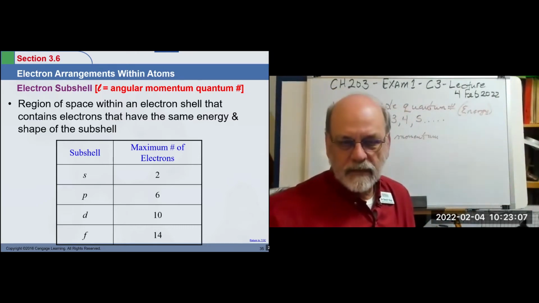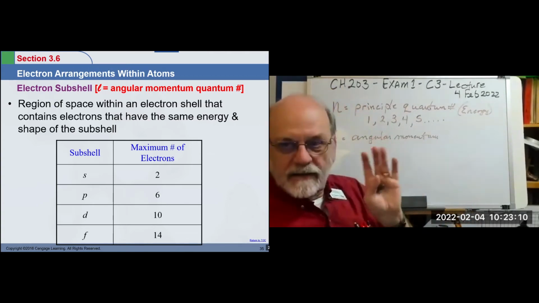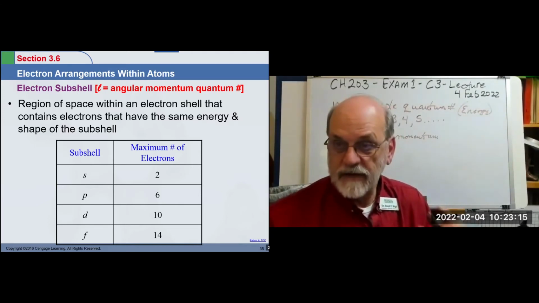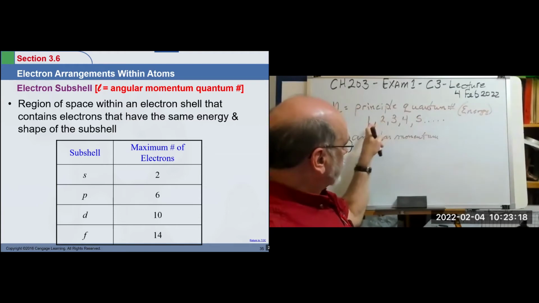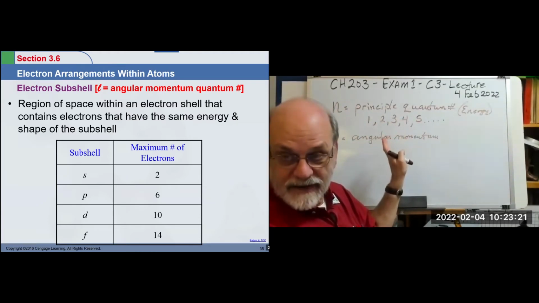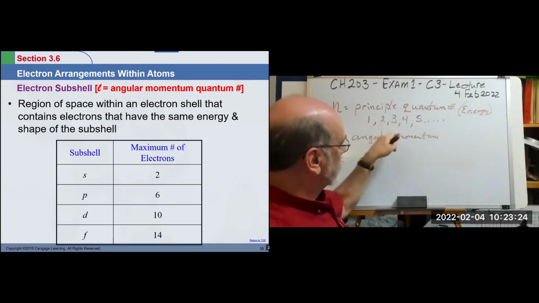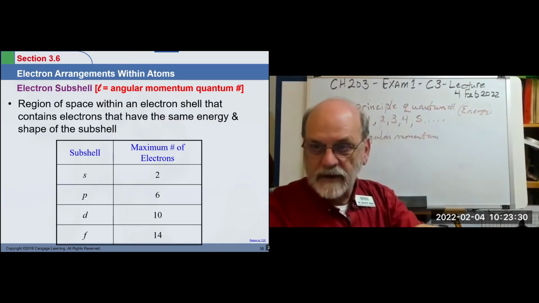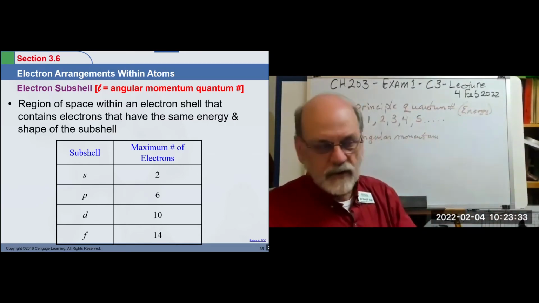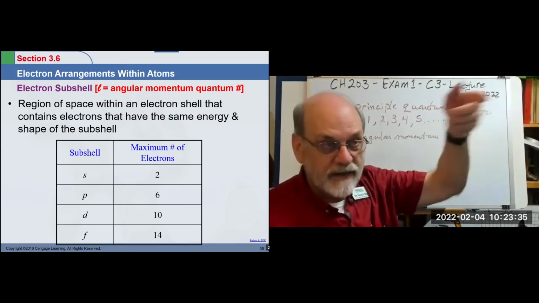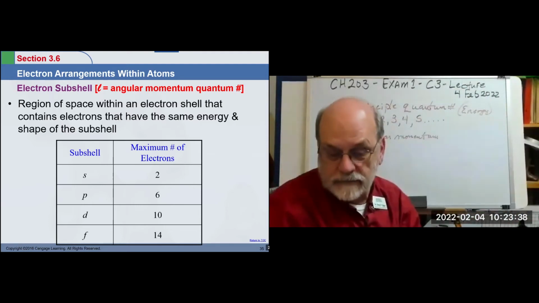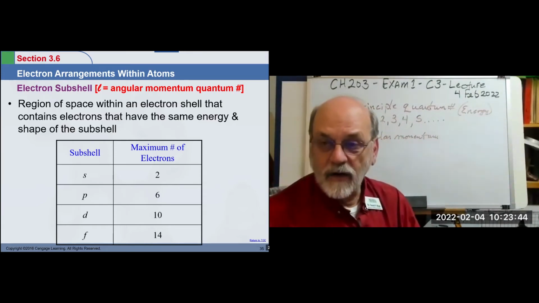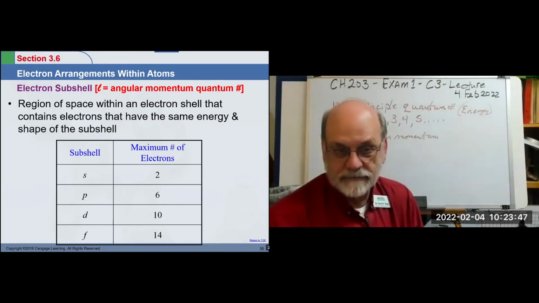Angular momentum. Let's look at these as sublevels. For each one of these, you can have individual sublevels of L's. So it's kind of like a branching system. We have the 1, 2, 3, 4 N's here, and then each one of those can branch further into L's.